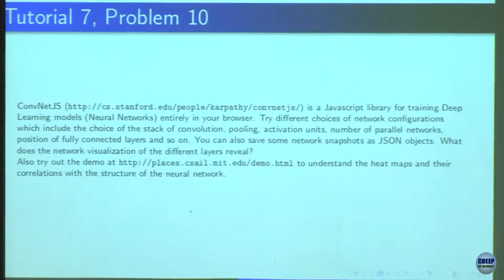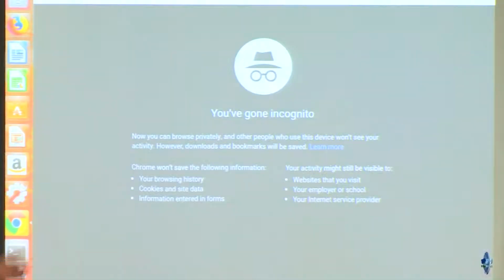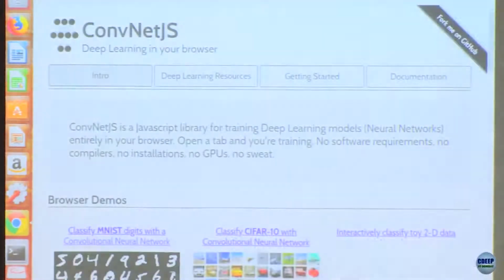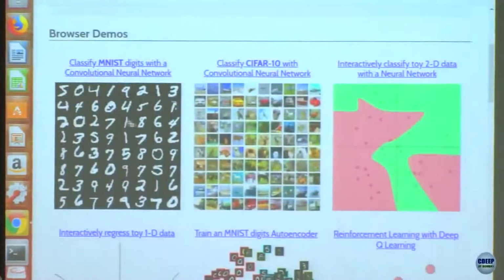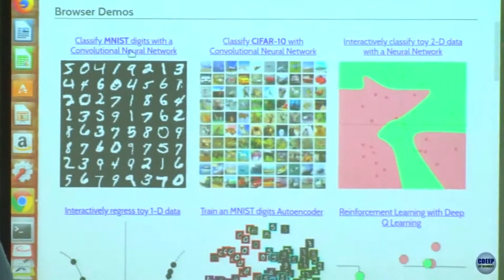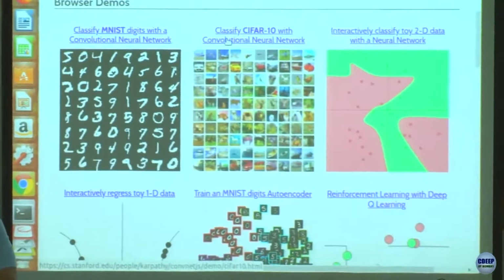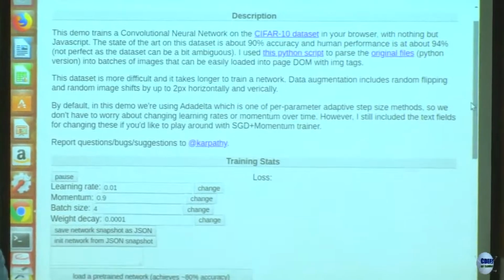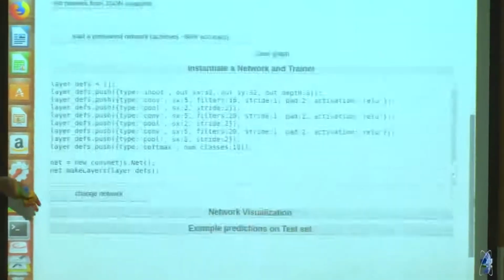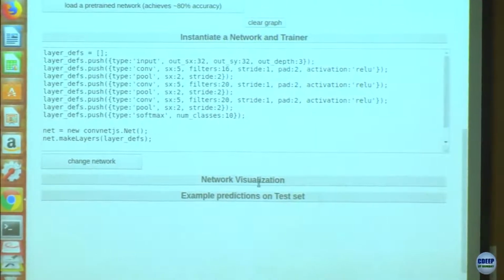Okay, so you can look at the JavaScript demo again. So I mean, you can now start seeing all these different elements in action. So digit classification, let's say I look at that. I mean, yeah, the CIFAR-10, that's probably more interesting. Let's look at that. You can set your learning rate and so on, and then start.